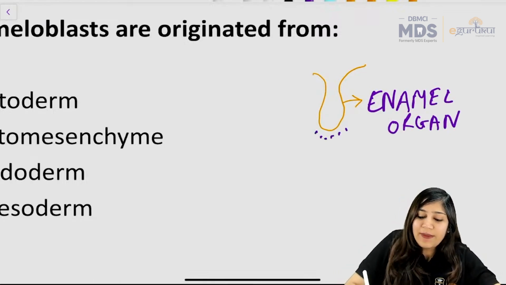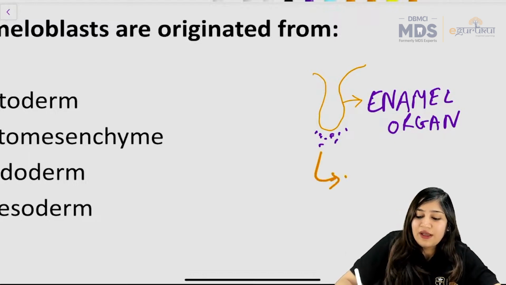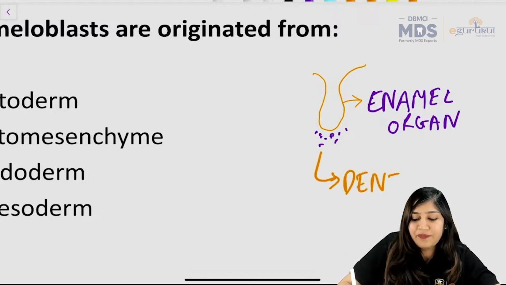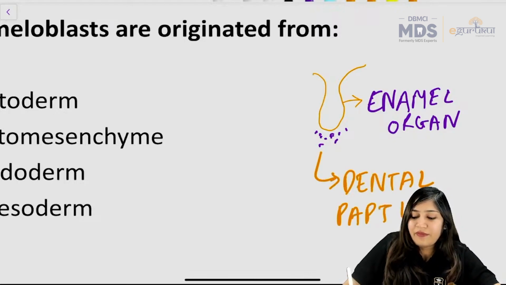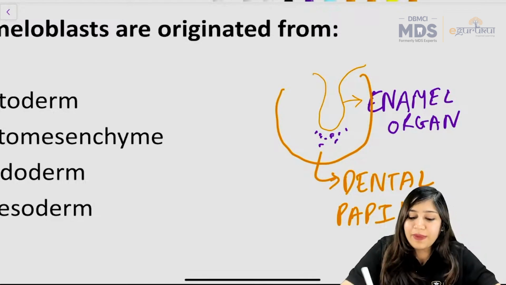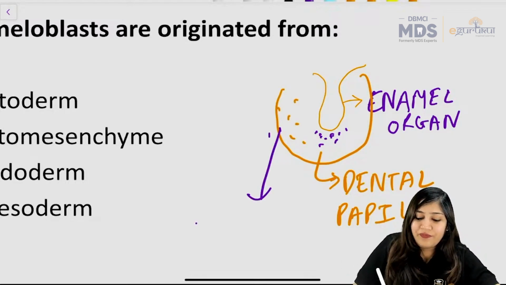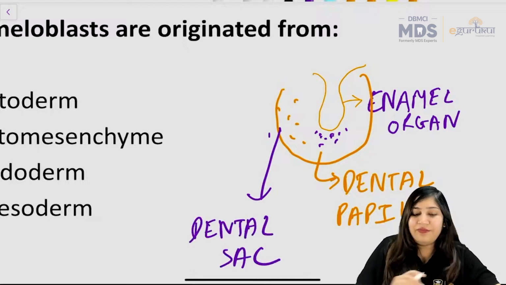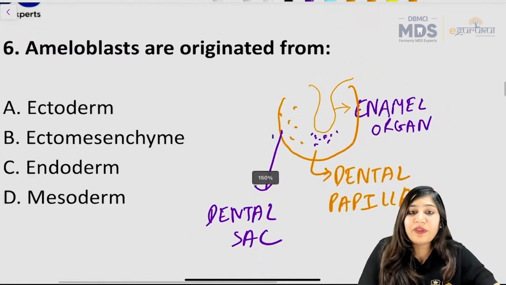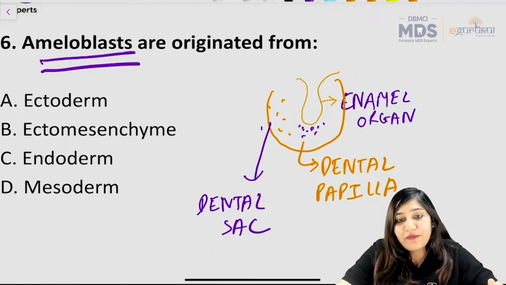Just next to the enamel organ, there will be condensation of cells, which is the dental papilla, and covering both the enamel organ and dental papilla is our dental sac. Right? So, ameloblast cells. Enamel is formed from which cells?